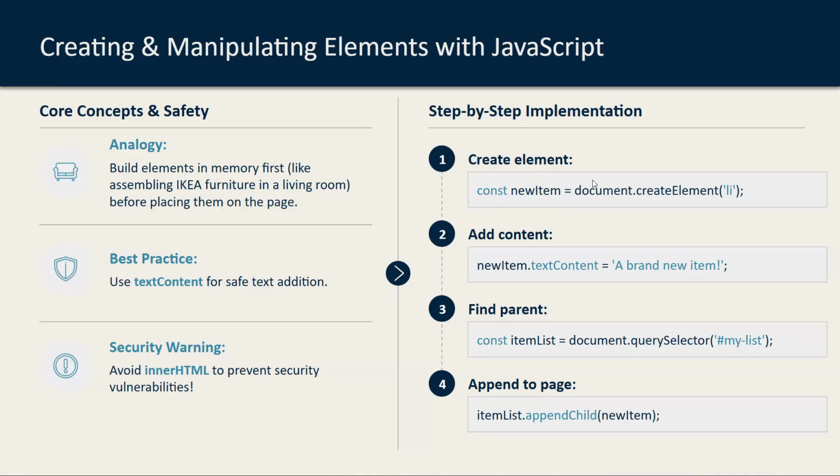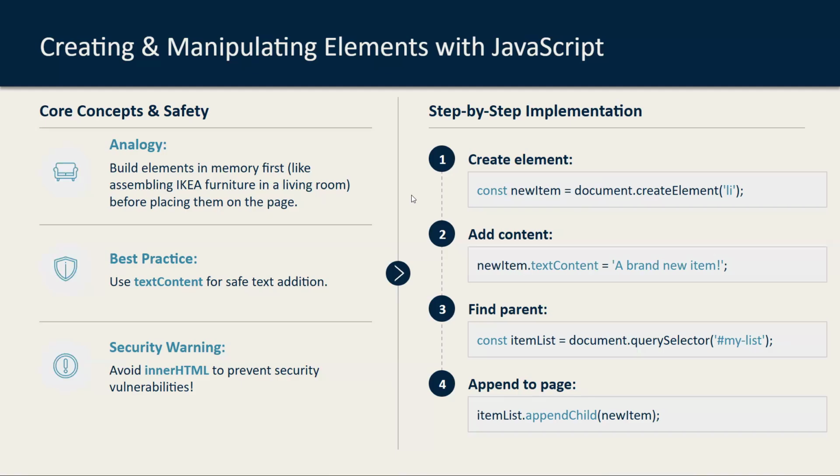To make the element appear, we add some content to it. The safest way to do it is to use textContent and not innerHTML, because innerHTML can introduce security risks if content ever came from user input.